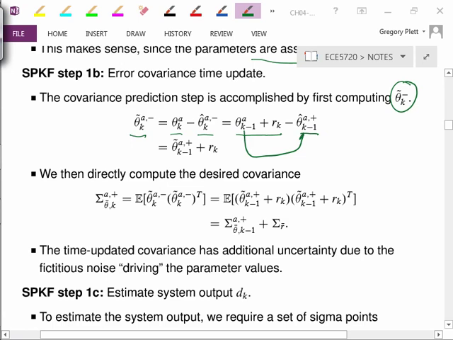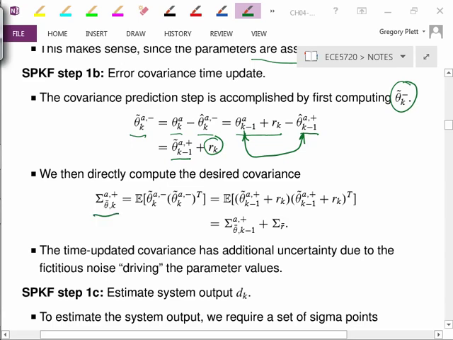I combine that thing and that thing to get the previous estimate error. So the prediction error equals the estimate error plus the driving noise. And that should make sense. I said that the prediction is equal to the estimate, so whatever error I had before just propagates through, and then the driving noise was not part of my step 1a, so that would add to the error in my prediction.